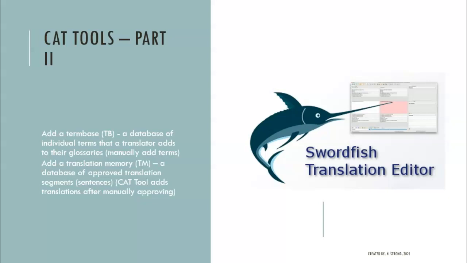Your segments, your sentences. So remember, segments is another word for sentences. And the difference in this case, with this CAT tool, with building your TM or your translation memory, you do not have to manually add translations to it because the CAT tool stores it for you in its memory every time you're approving and confirming every sentence or segment.